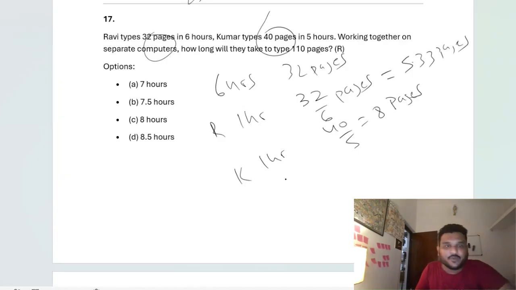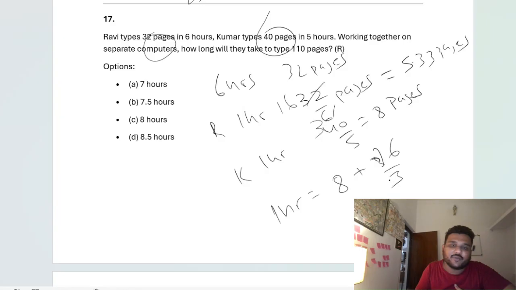Working together on separate computers. So basically you can't type together on one computer, that's what it's saying. How long will they take to type 110 pages? So can I say in 1 hour together they are doing 8 plus 16 upon 3, this is the number of pages that they do in 1 hour. For 8 plus 16 by 3 they're taking 1 hour, unitary method.